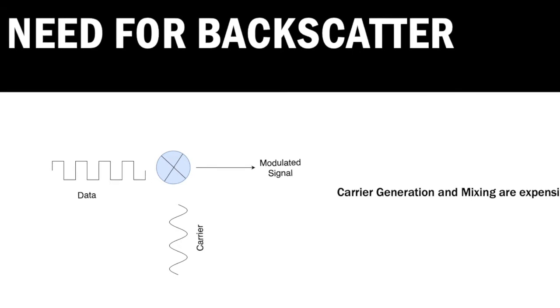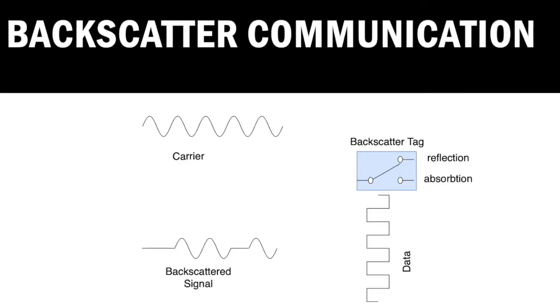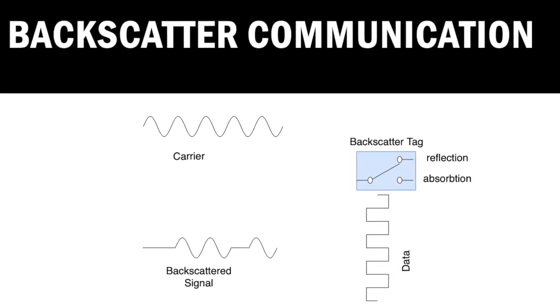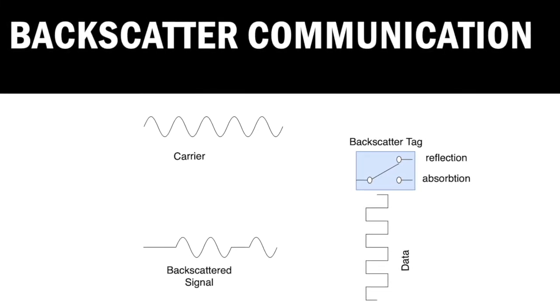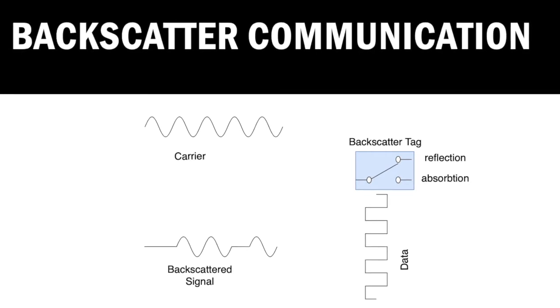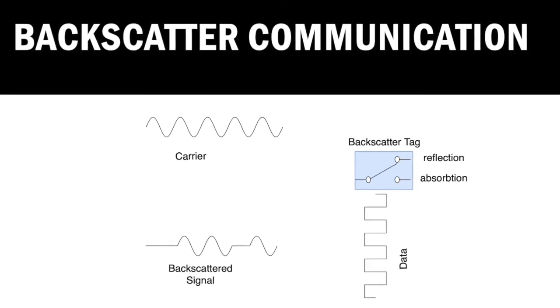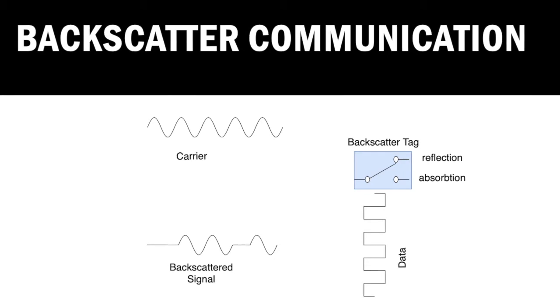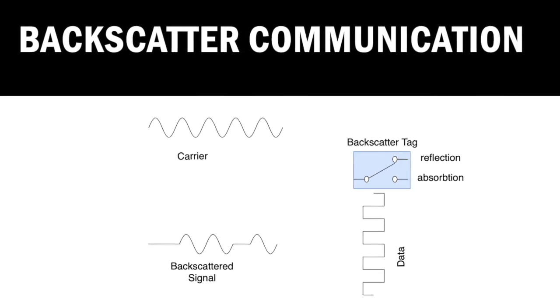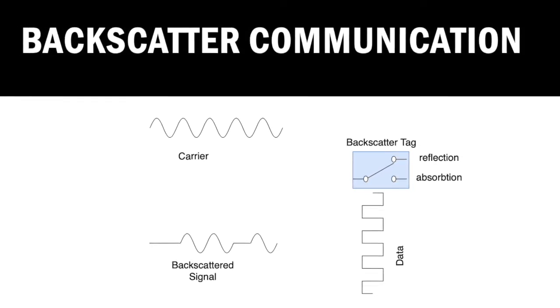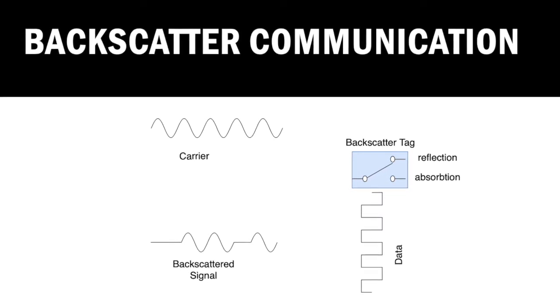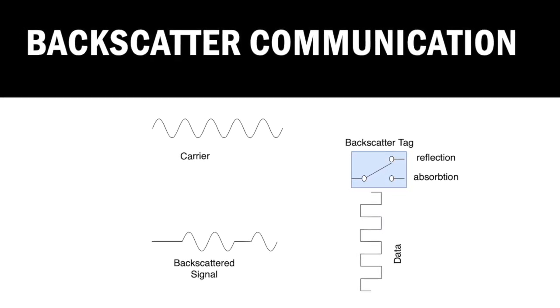So this is where backscatter communication comes in, and backscatter communication basically acts as an RF switch where an external device, probably a device with higher energy resources, generates a carrier wave, and the backscatter tag switches between two states, reflection and absorption, and the data controls how the tag is switching between the two states.